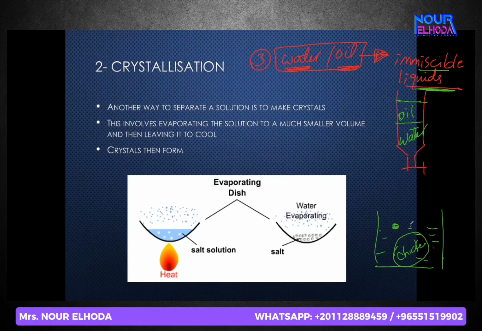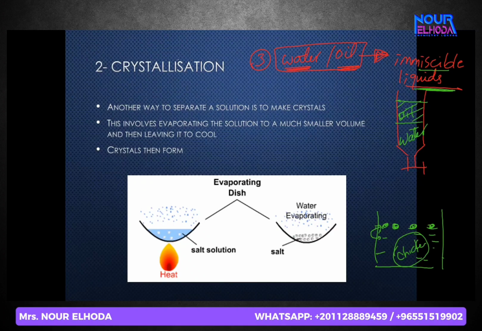Usually we find drops of oil up. This means oil and water don't mix. Even if we stir them, they are not going to mix because they have different densities. That's why the oil is going to be up.